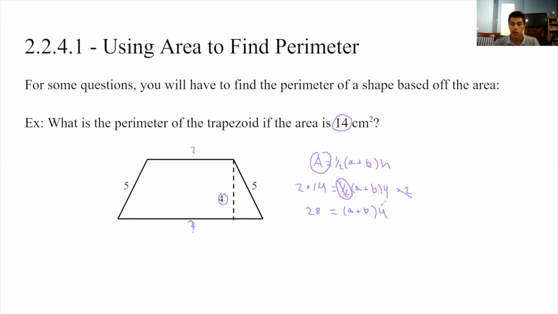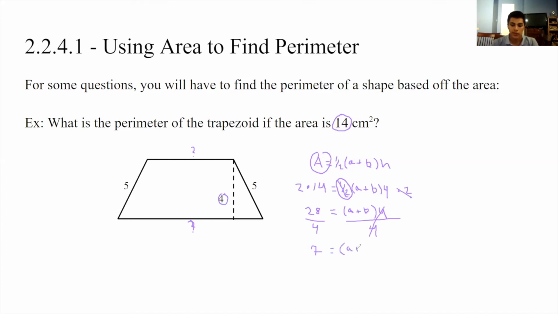And the opposite operation of multiplication is division. So if I divide both sides by 4 like this, 28 divided by 4 is 7. And then these two cancel out because times 4 divided by 4 just leaves me with 1. So 7 equals A plus B.